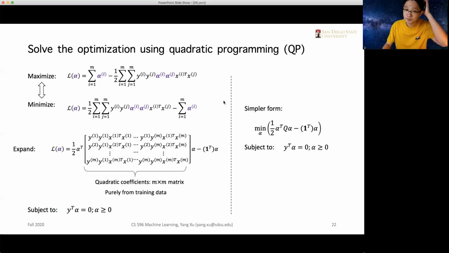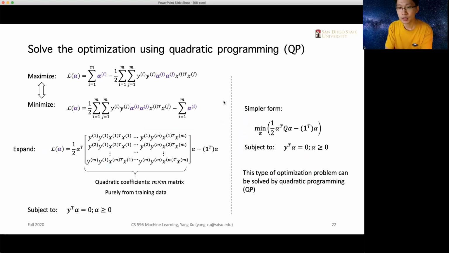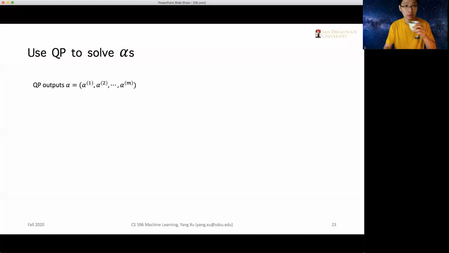So after all, this type of optimization problem we can feed into some software that solves the quadratic programming problem. The quadratic programming, or QP, software will output the alphas that minimize the target function, the target Lagrangian.